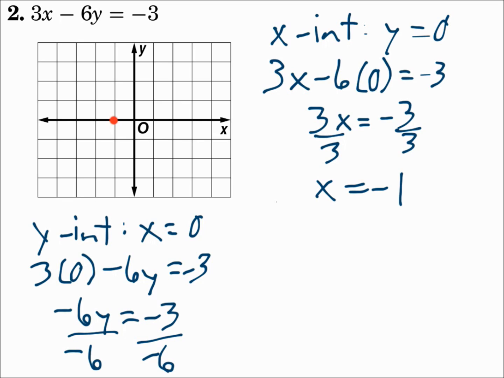The negative 6's cancel on the left, leaving y, and negative 3 divided by negative 6 is 1/2. So plot the y-intercept at 1/2, 0 comma 1/2. So we have the intercepts now. Connect those dots, and your line is drawn. Remember, for the x-intercept, make y equals 0, and for the y-intercept, make x equals 0.